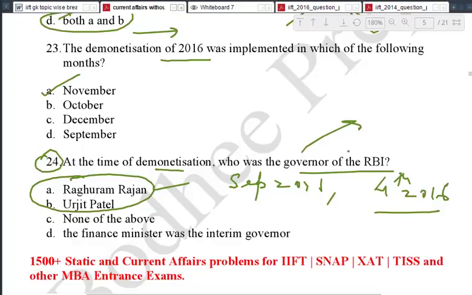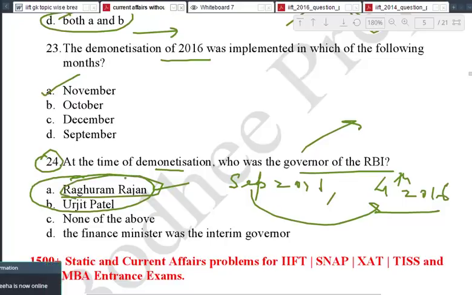So if Urjit Patel took over as the new governor in September 2016, then how can Raghuram Rajan be the RBI governor? Of course, the cabinet did take him into confidence while discussing. The answer is B, right? Answer is B.